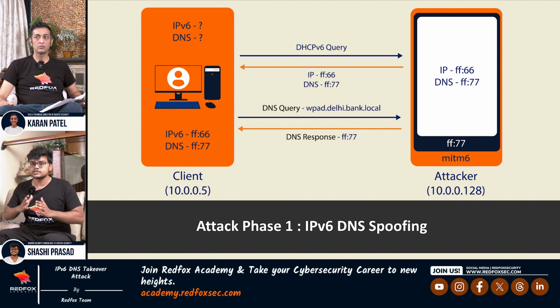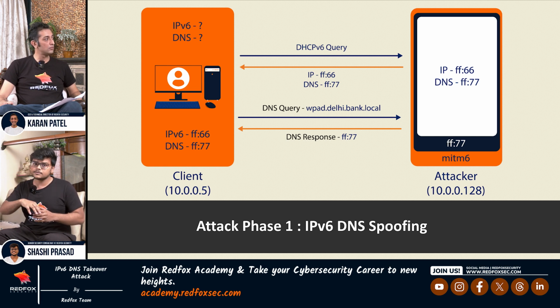Basically, they are going to exploit services like DHCP version 6 or router advertisements to spoof the DNS settings. Once the DNS settings are spoofed, it means that they can control the traffic, and once they can control the traffic, it means they can control the authentication traffic as well.